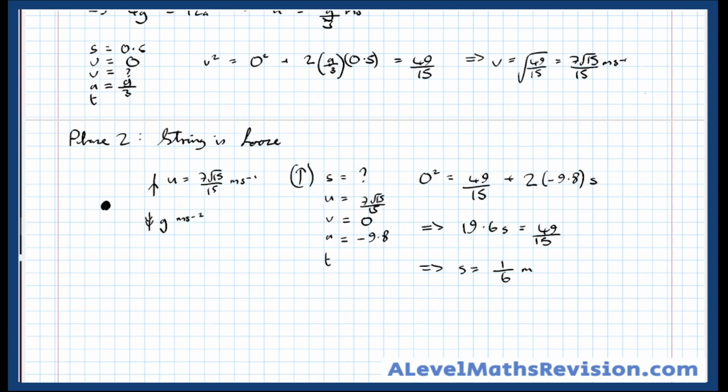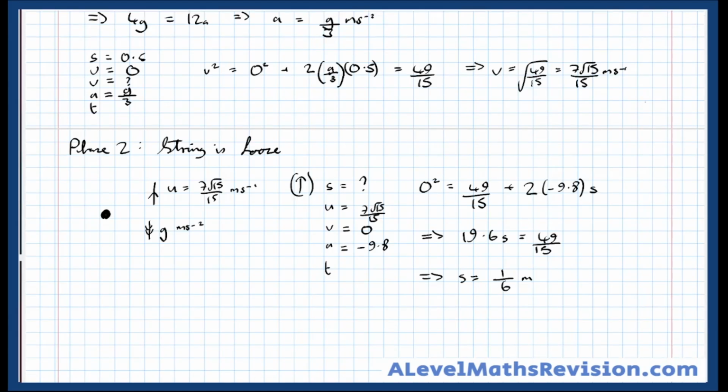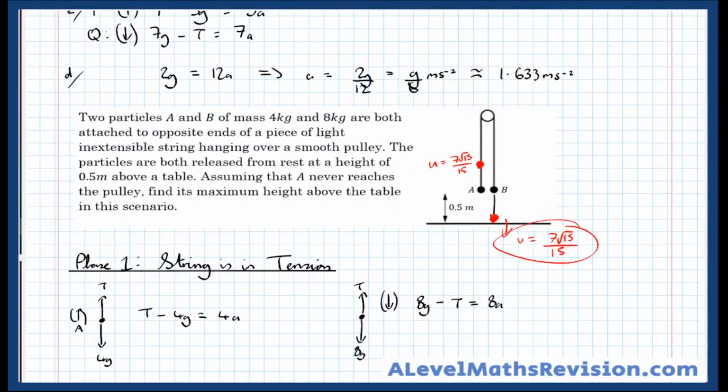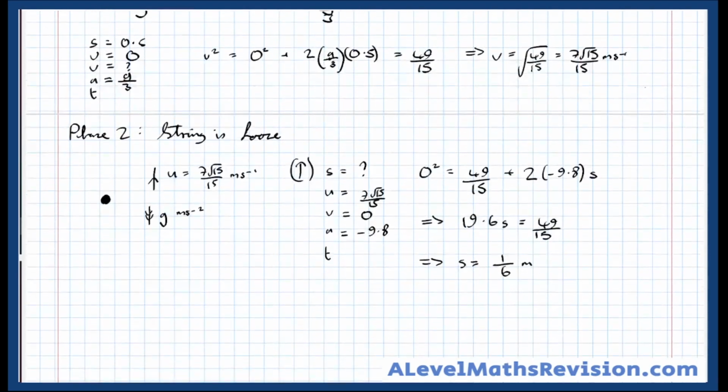So the maximum height it reaches, so let's go back up to the question here. So A starts off 0.5 meters above the table, B goes down 0.5, pulling A up another 0.5. Then off its own steam, we saw that it moved another 1/6.